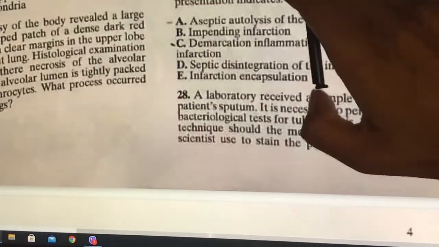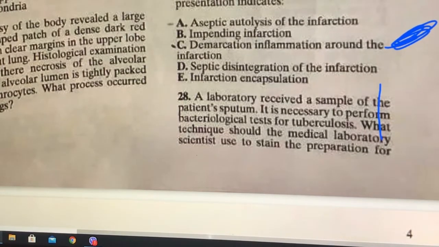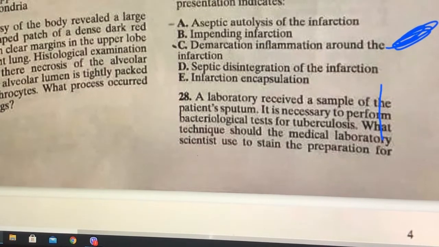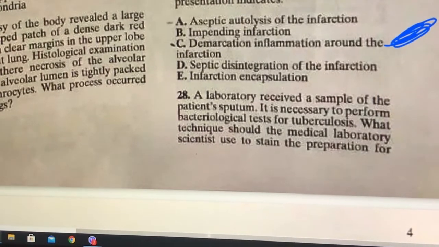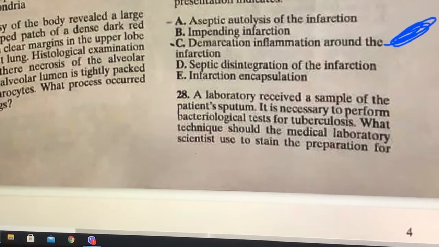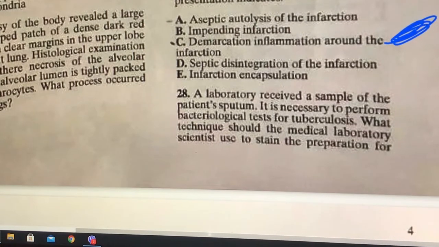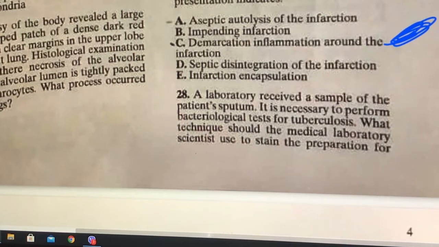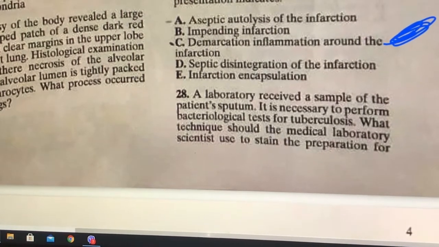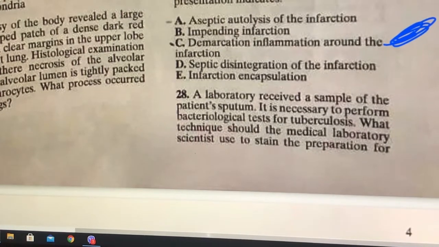Question number 28. A laboratory received a sample of the patient's sputum. It is necessary to perform bacteriological tests for tuberculosis. What technique should the medical laboratory scientists use to stain the preparation for detection of the mycobacteria? This is a microbiology question.